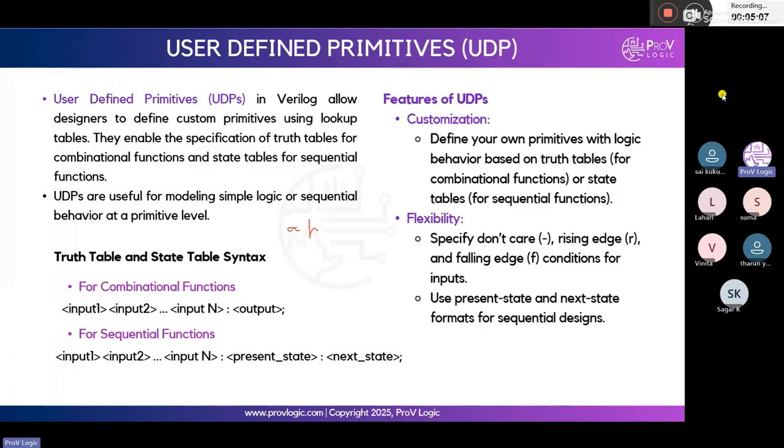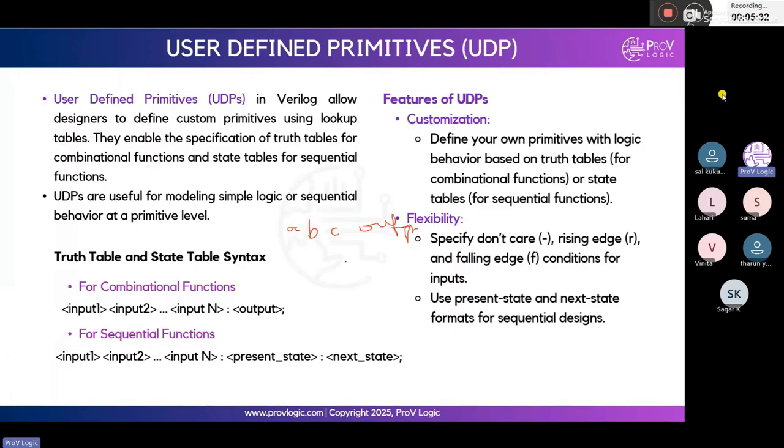A, B, C are the inputs. For three bits, we have a total of 8 scenarios, 0 to 7, and for each we have some output, sum or carry. We have 2 outputs in a full adder, so we need to define two outputs.